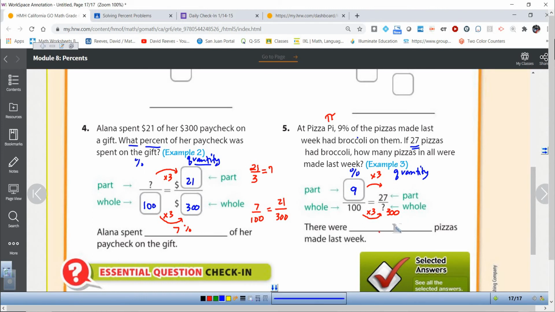And out of those 300 pizzas, 27 had broccoli. If they had only made 100, it would have been 9. And 100 is always the denominator for percent. All right? So they made 300 pizzas, 27 with broccoli.